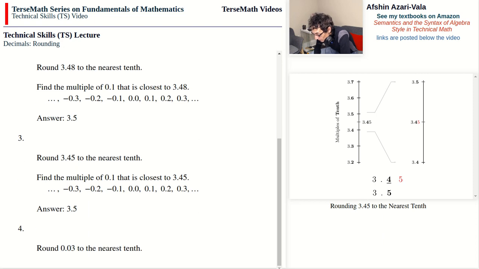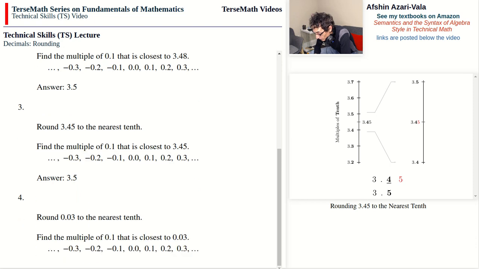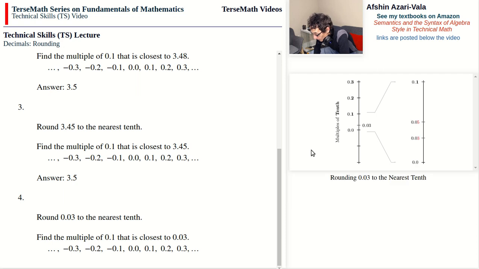Number 4, round 0.03 to the nearest tenth. And as usual, we have to find the multiple of 0.1 that is closest to 0.03. Now in this case, 0.03, we are rounding to the nearest tenth, and taking a look at the digit that follows, 3 tells us that we are below the halfway point, and therefore it rounds down to 0.0.